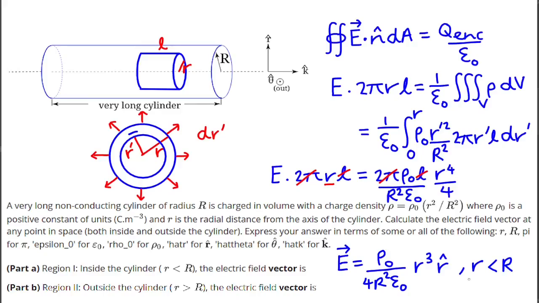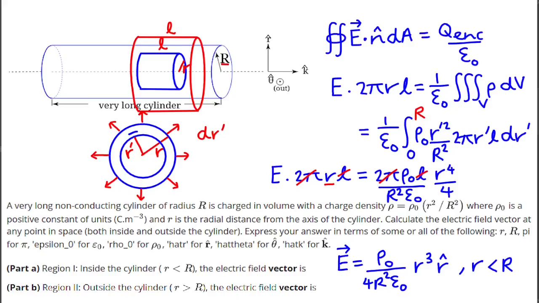And in part B, we want the electric field outside the cylinder, so we take the Gaussian surface outside the cylinder. Again, it's going to be a cylindrical surface, having some length L, so our integral doesn't change, but the limits of integration will be from r prime equals 0 to r prime equals the radius of the cylinder. The charge enclosed in that surface is going to be the charge enclosed by that part of the cylinder.